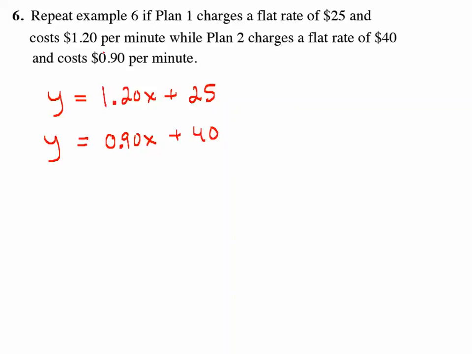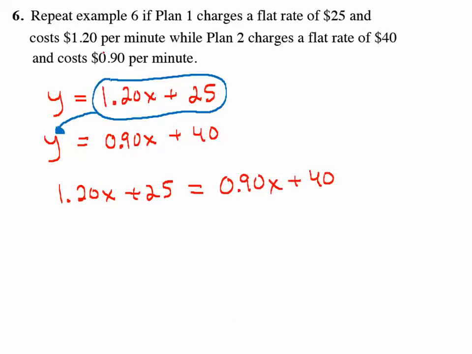All right, so now the question is, at how many minutes will the two rates cost the same amount? All right, so we're going to take that 1.20x plus 25 is equal to the 0.9x plus 40. So technically that's what we did right here with the blue circles. We took the top equation, made it into the bottom y.